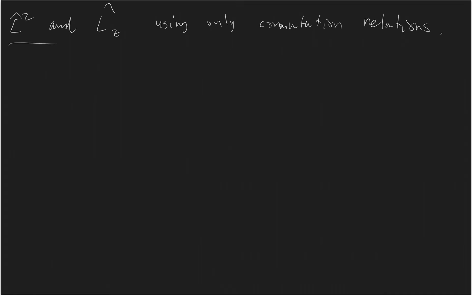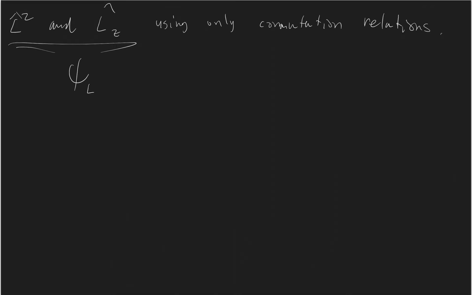We want to find the quantized eigenvalues of these two using only their commutation relations without ever solving a partial differential equation. This might seem kind of out of left field, but I think you're going to understand the importance of the special linear properties that these operators have because we're translating these differential equations to just some basic algebra. This is inherently kind of a master class in this algebraic method.